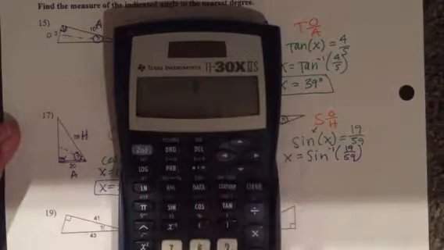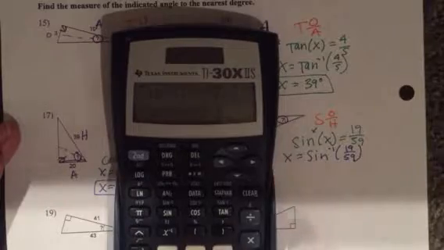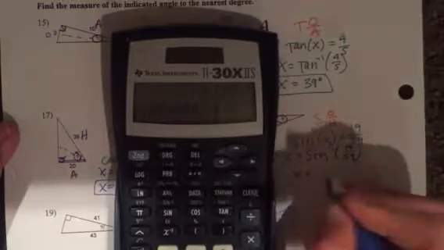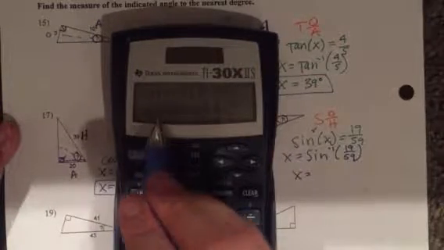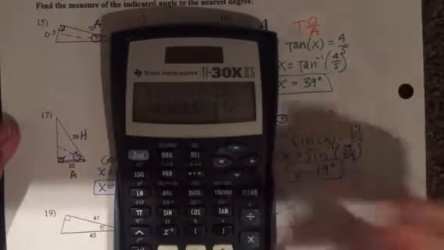Second, sine 19 divided by 59 is equal to 18.7, rounds up to 19 degrees.